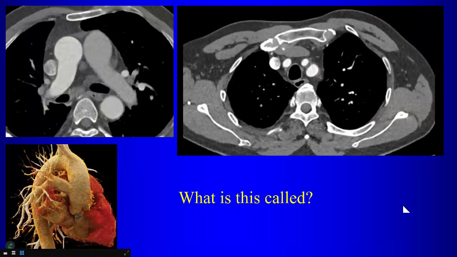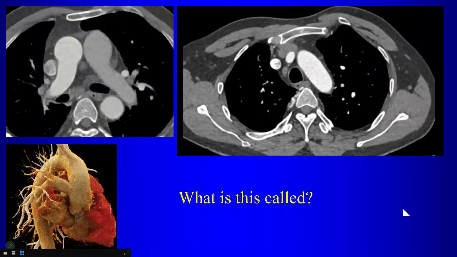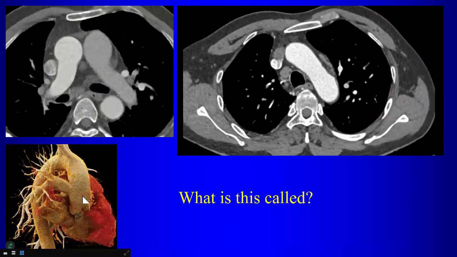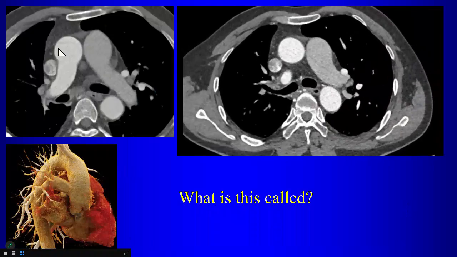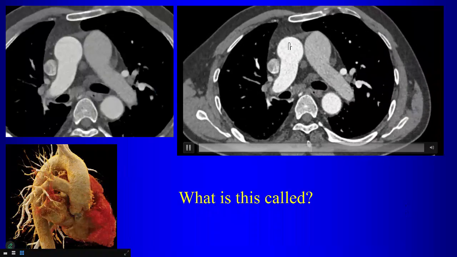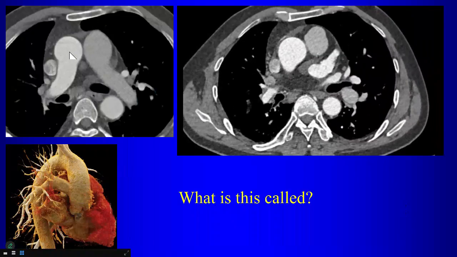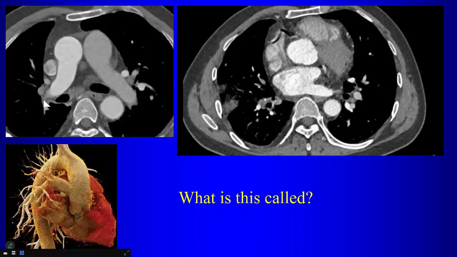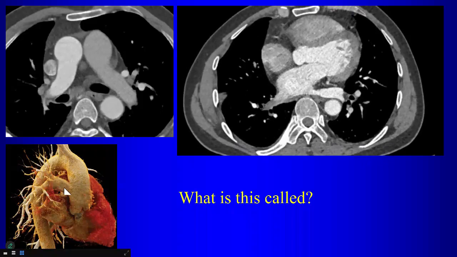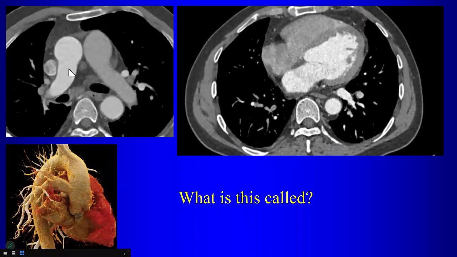It's a very strange case here, right? So this vessel here is what? This guy here? What am I pointing to? That's the aorta. It's not the arch, it's the ascending aorta, all right? This guy coming off the aorta is what?